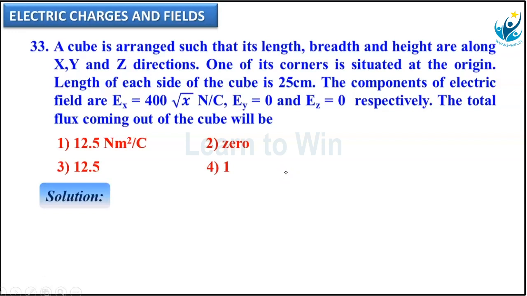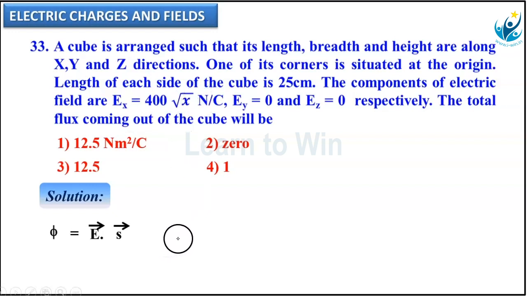Solution. The electric flux phi is E bar dot S bar. What is E bar? The electric field intensity value. Here E bar is 400 root x i cap, because the electric field component is only along the x direction. So the E bar value is 400 root x i cap.